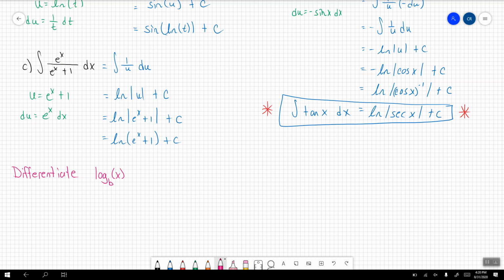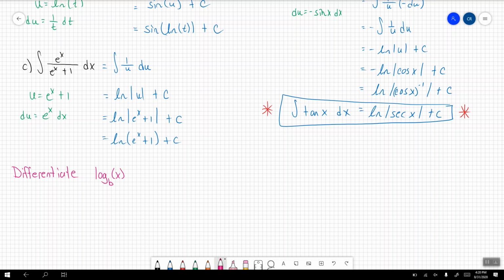Now, the nice part about this is that we are going to rely on methods that we already know. So in order to do this, I am going to apply the derivative, but only after applying the change of base.